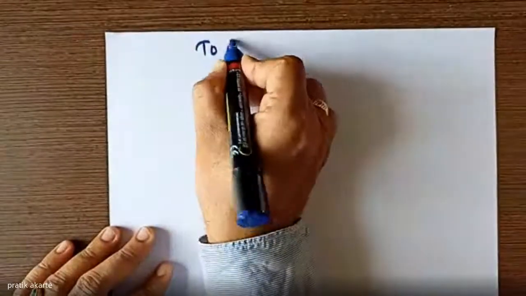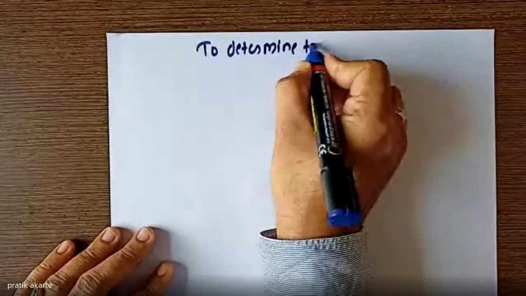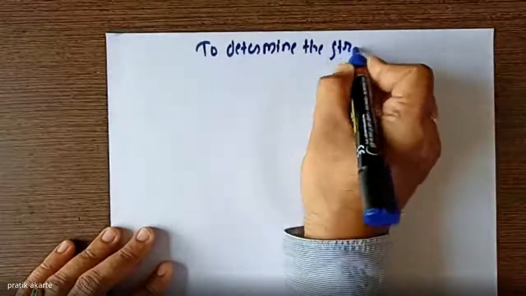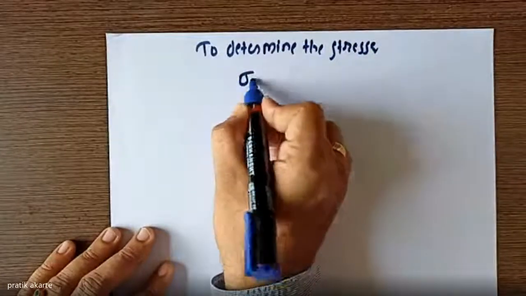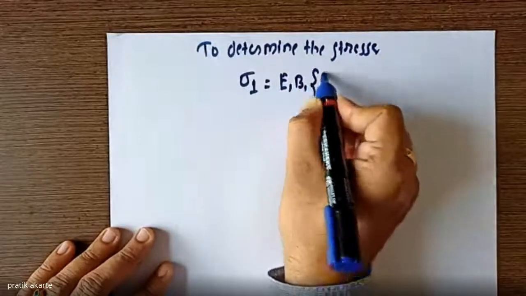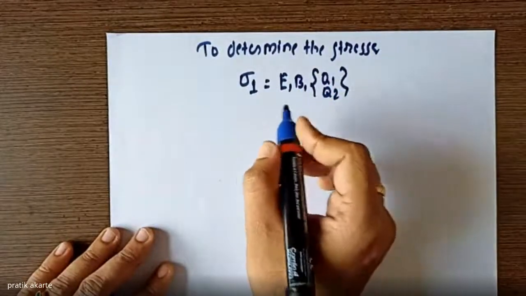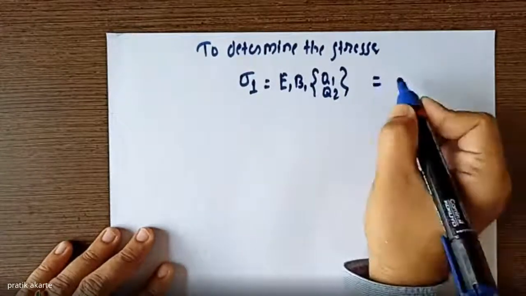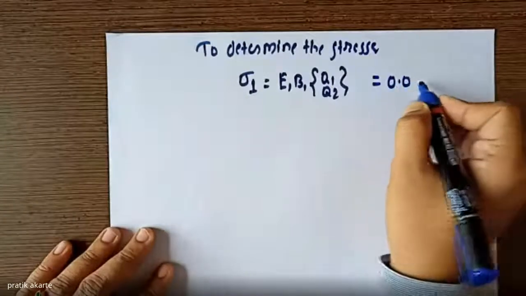And the last part of this problem is to determine the stresses, which we are now familiar with. We can write directly, for sigma 1, it is E1, B1, Q1, Q2. Now I won't write the values, I'll simply write the answer. You can always try it on your own.